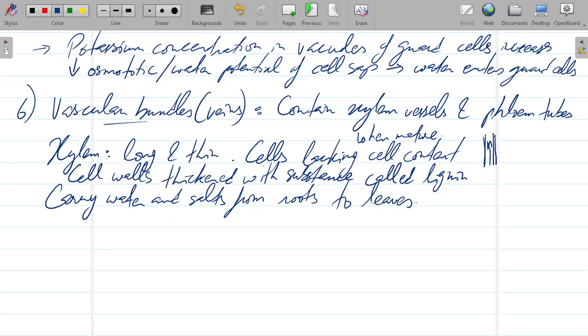Now, next up you have the phloem, and that is made of sieve tubes, so those are living cells. And the cell walls have holes in them to allow the passage of materials.